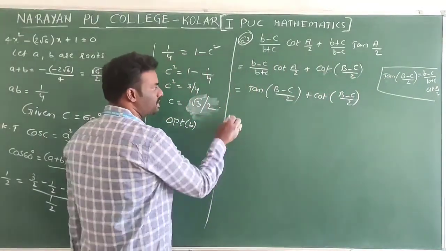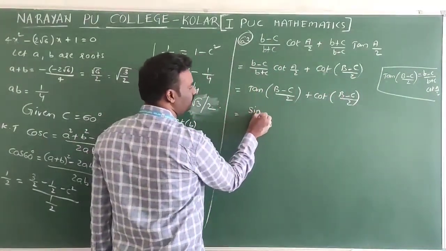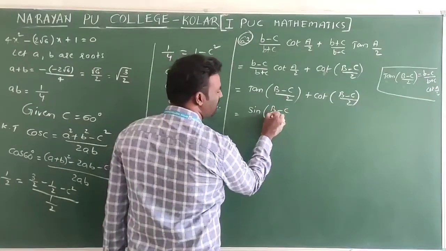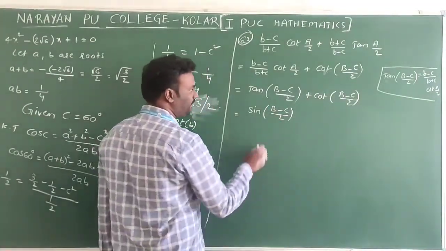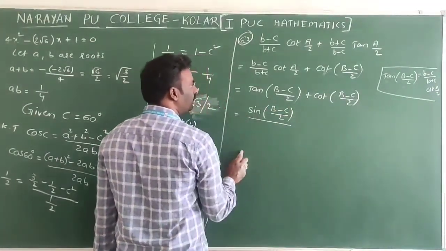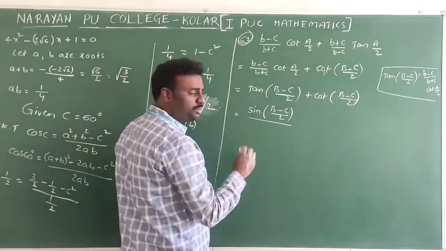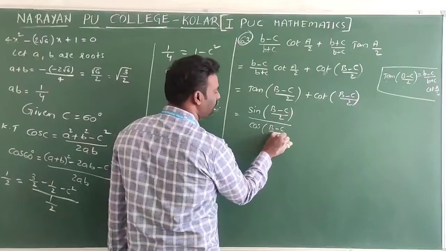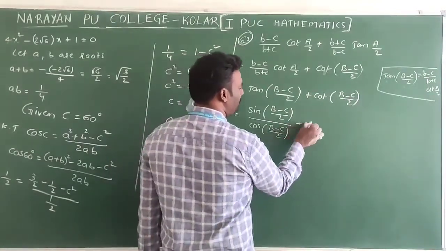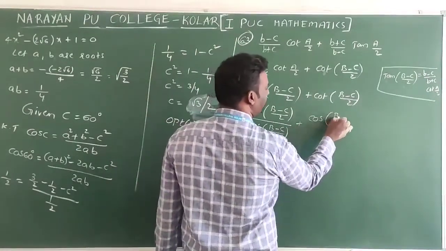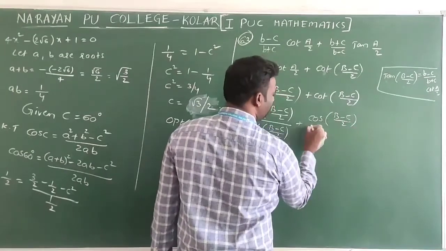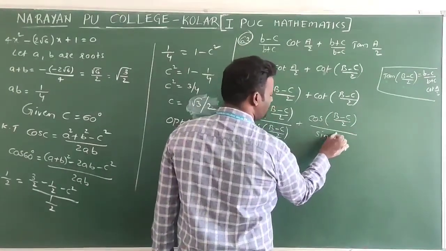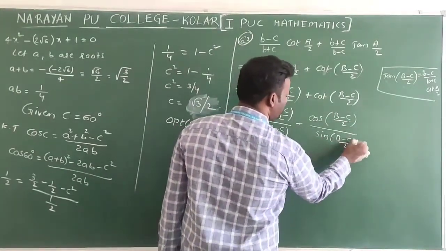Okay. Now this tan can be written as sin by cos, because the answer is given in cosecant, that's why. Or you can write cot is 1 by tan also, no problem. Plus cos by sin.